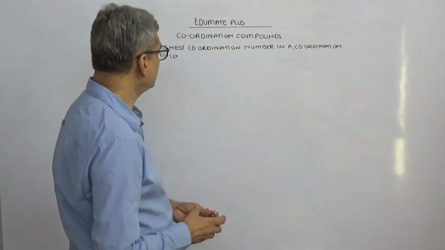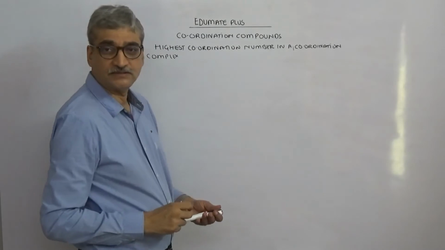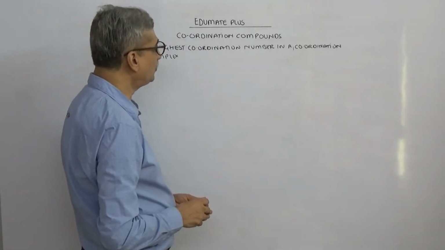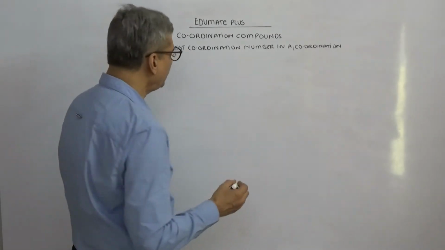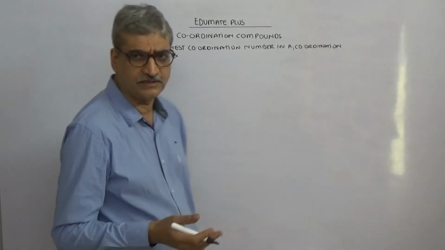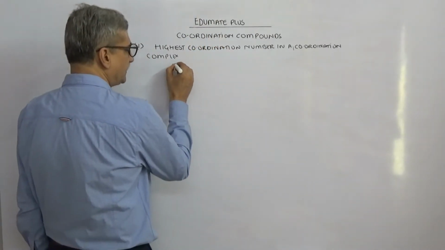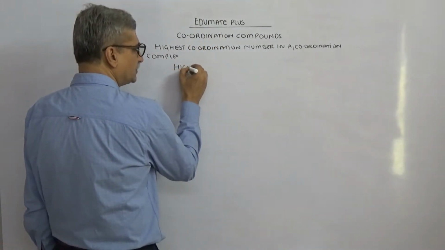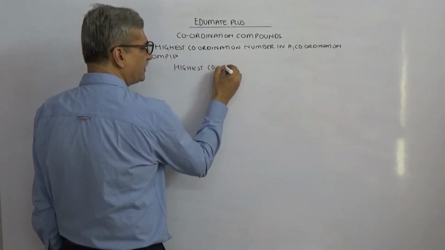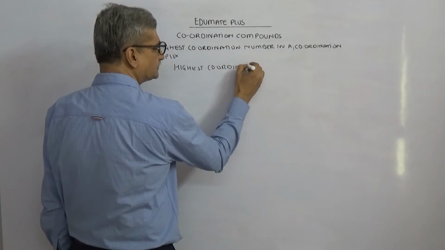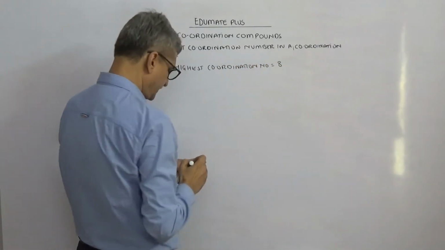So without wasting much time, we begin with the first point that we have to answer. The highest coordination number in a coordination complex. See, if you look at any NCERT books, state textbooks, they say that the highest coordination number is 8.